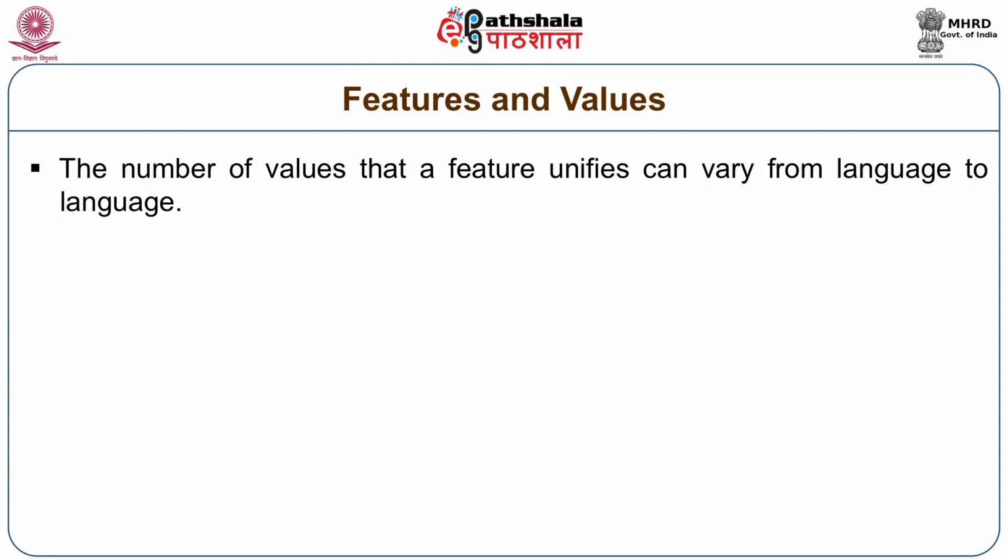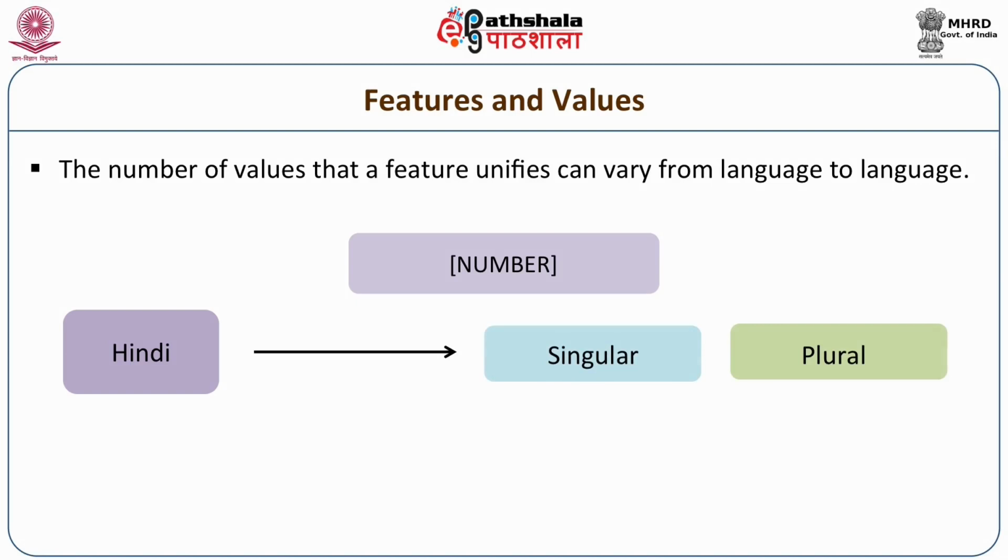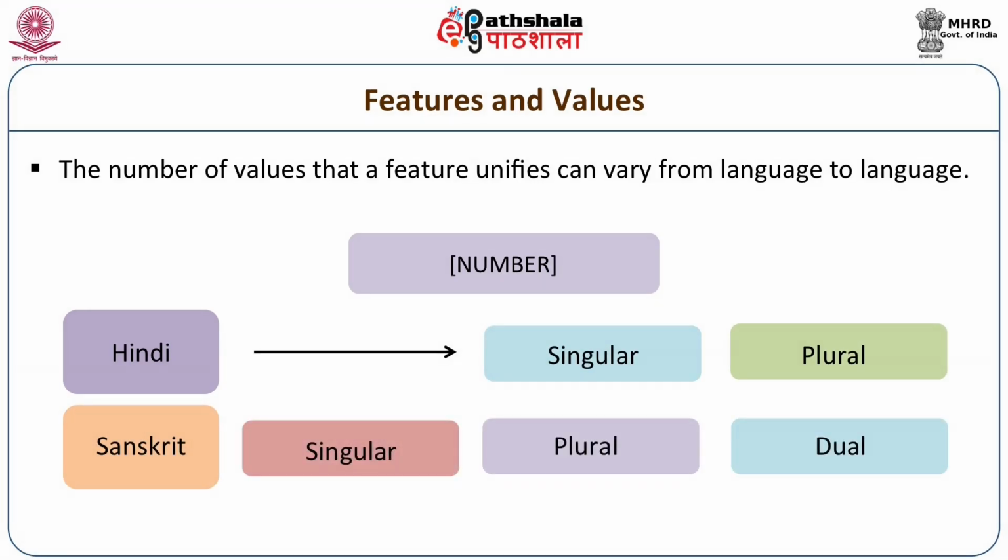The values that a feature unifies vary from language to language. A language like Hindi has the number values singular and plural unified under the feature number. However, a language like Sanskrit has the feature values singular, dual and plural unified under the feature number.